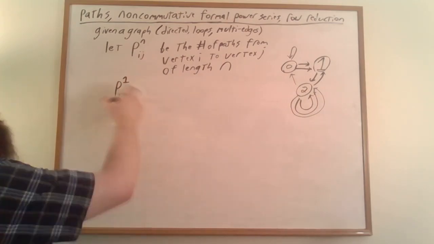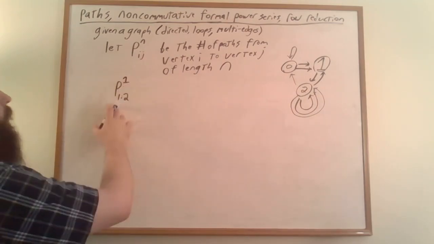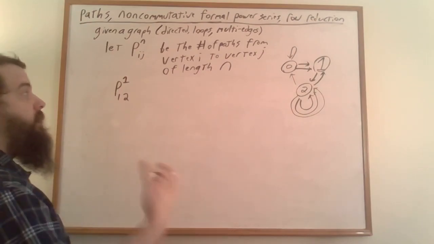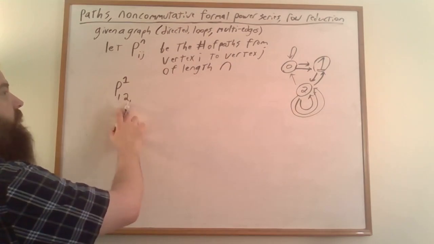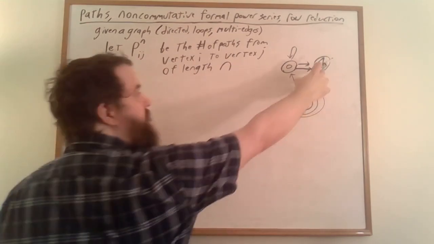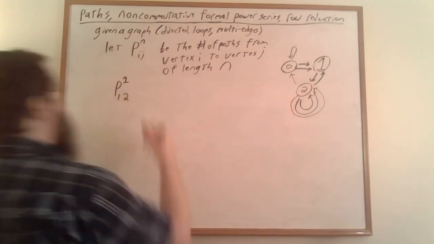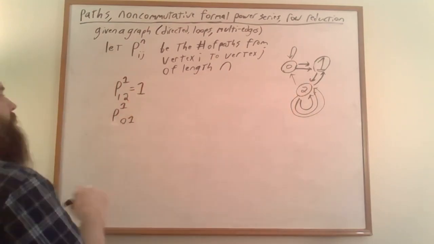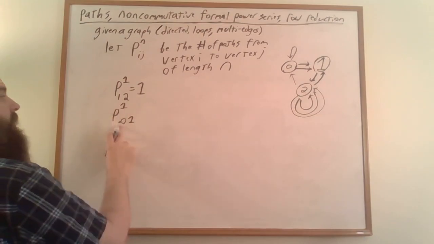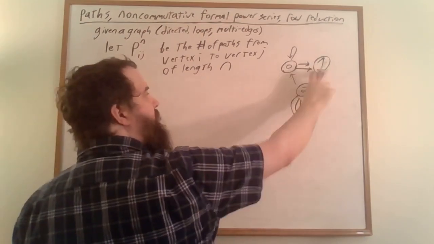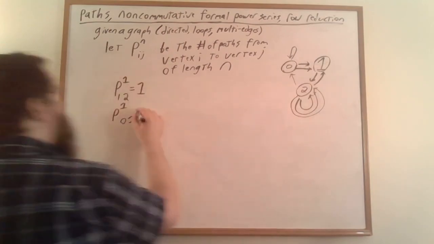So for instance, p superscript 1 sub 1,2 is the number of paths of length 1, the number of edges from vertex 1 to vertex 2. In this case, there's one edge, this one here, leading from vertex 1 to vertex 2. The number of paths of length 1 leading from vertex 0 to vertex 1 is 2. We have 2 edges leading from vertex 0 to vertex 1.